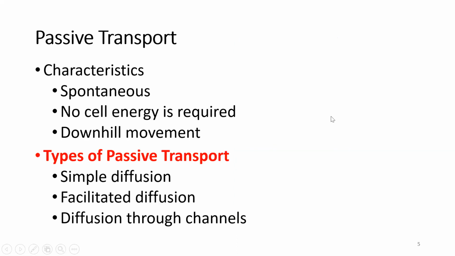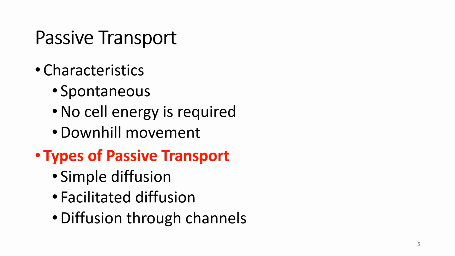Now, just to review, passive transport, we said, is spontaneous. It does not require energy, and it's a downhill movement. There are 3 types of passive transport: simple diffusion, facilitated diffusion, and diffusion through channels, okay? Although we can have different modes of passive transport, the general theme is that particles are moving according to their concentration gradient.